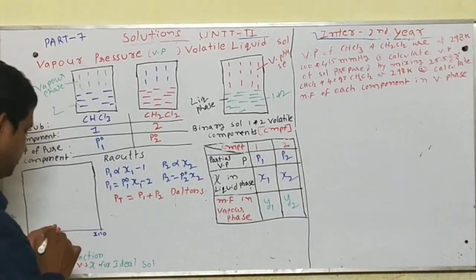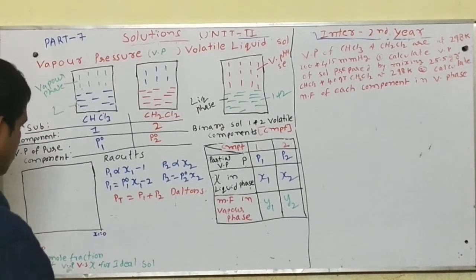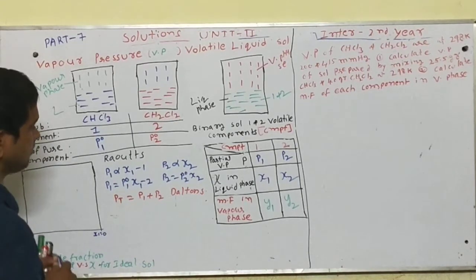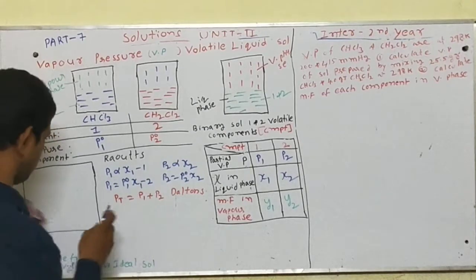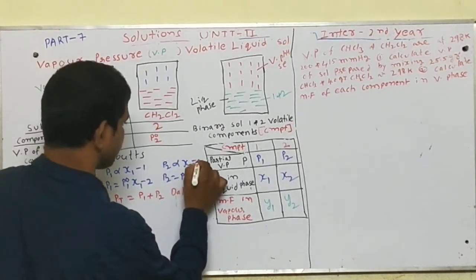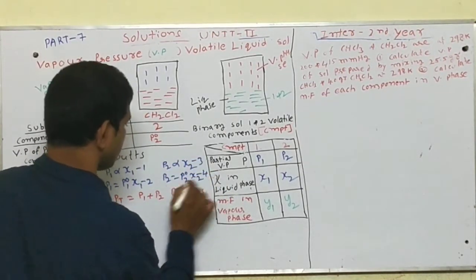From Dalton's law, here I am substituting these values from 2 and this is equation number 3, this is number 4.